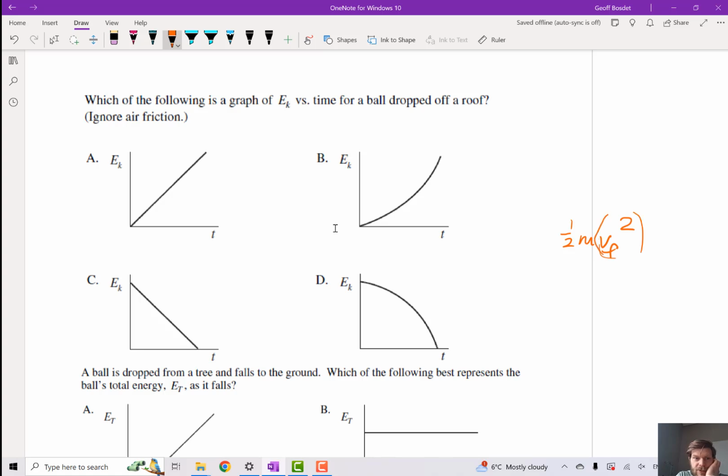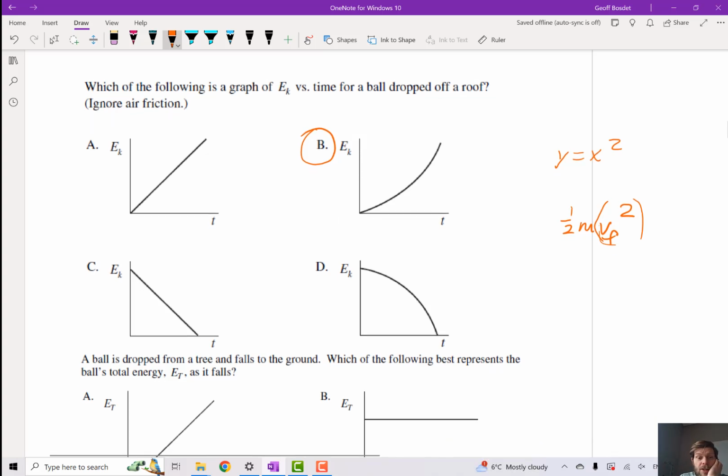So our thing that's directly proportional to time, our velocity, is getting squared. What does a y equals x squared graph look like? It looks like this guy. And because our thing that's directly proportional to time is getting squared, we're going to have something that looks like a y equals x squared graph.